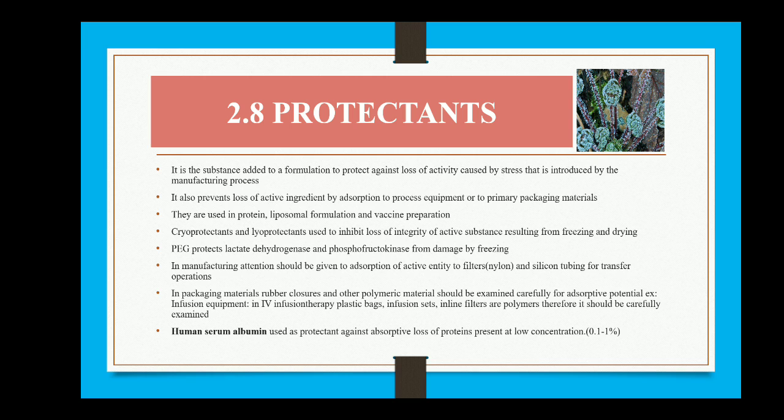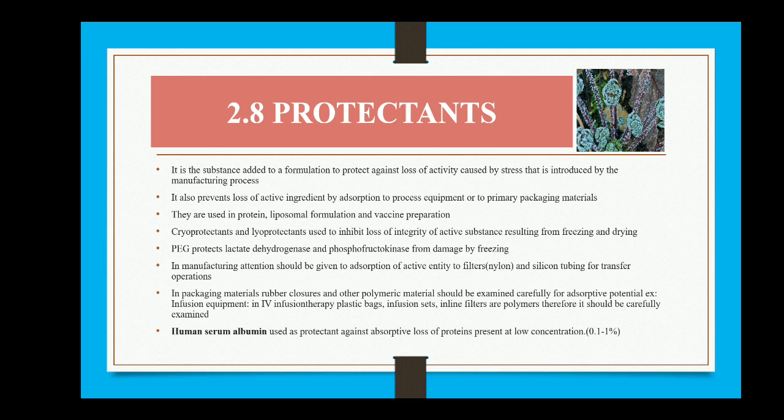In manufacturing, attention should be given to absorption of the active entity to filters such as nylon and silicone tubing for transfer operations. In packaging material, rubber closures and other polymeric materials should be examined carefully for absorptive potential. Example, infusion equipment, in infusion therapy plastic bags, infusion sets, inline filters, those are polymers, therefore they should be carefully examined.